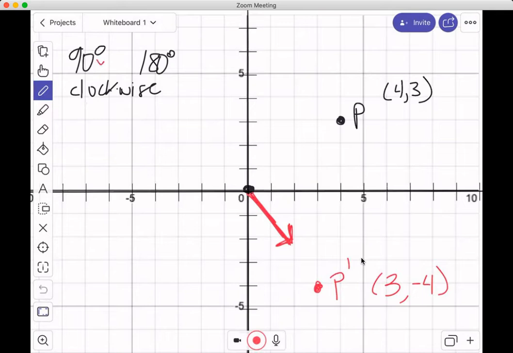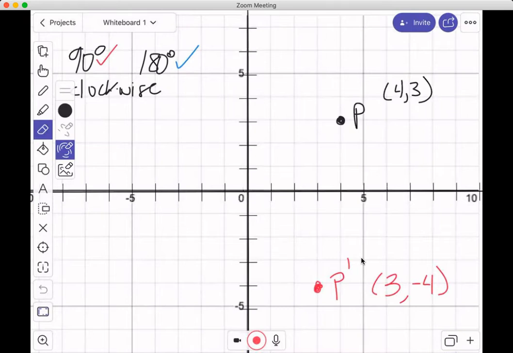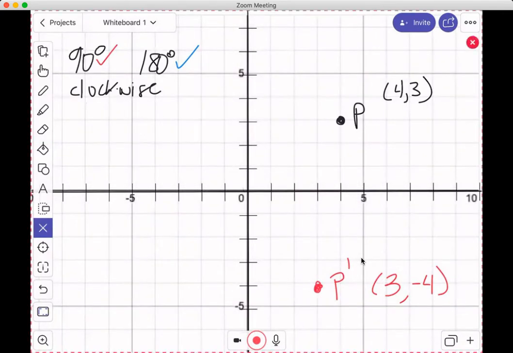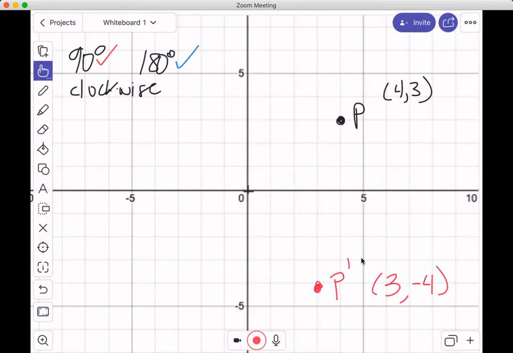So let's do the same thing, but this time let's rotate it 180 degrees from its original point clockwise. So I'll leave my 90-degree rotation there so you can see. And this time I'm going to rotate it 180 degrees clockwise.